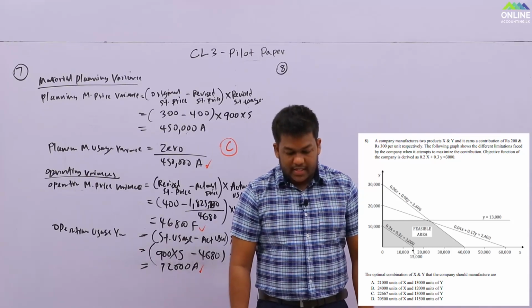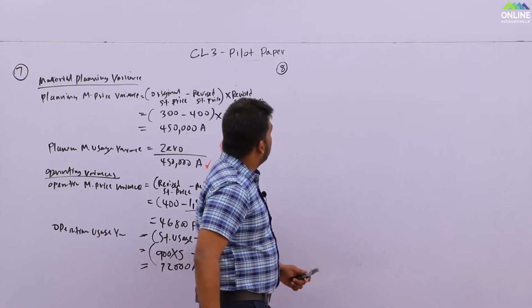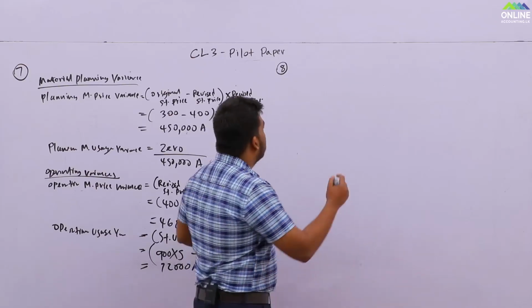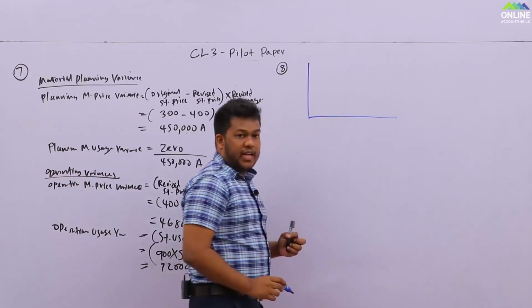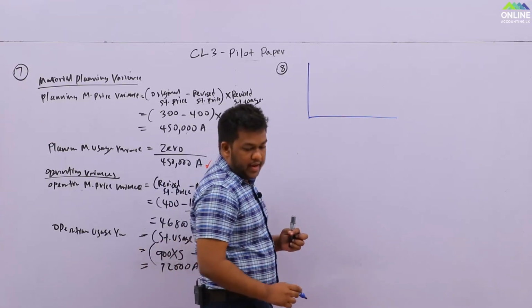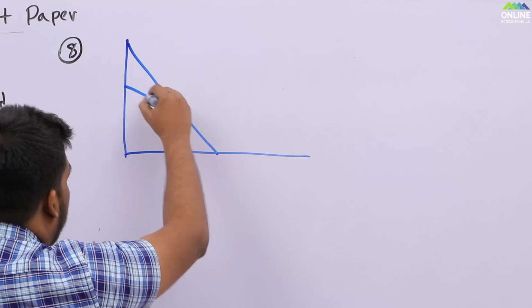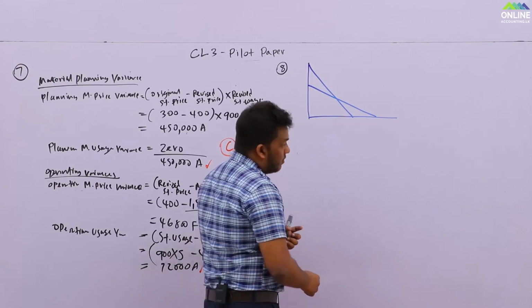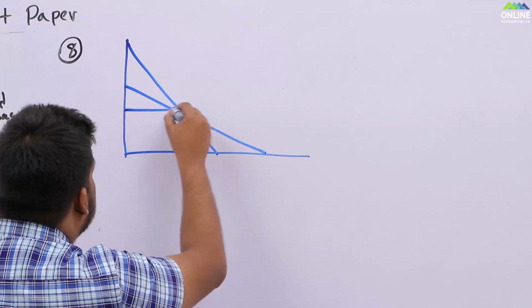Then they are asking the optimal contribution. Now how have they done this graph? See, you are having a graph like this. Then you are having this and as well this, and like this.